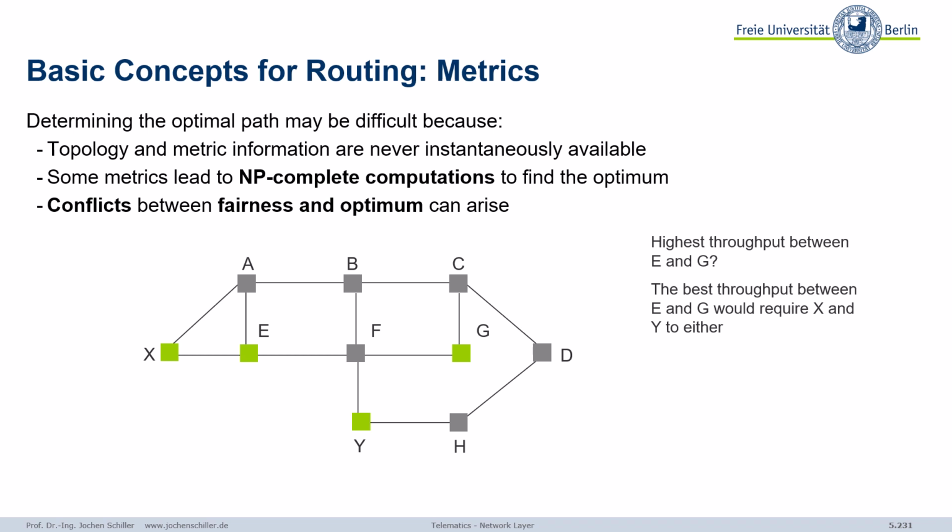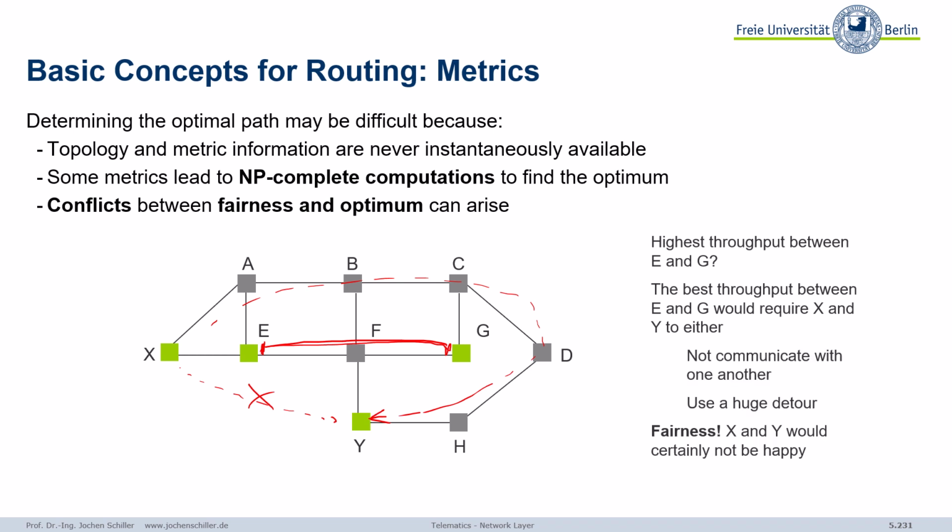So especially if we have an X and a Y and we try to optimize in terms of throughput this E to G path, then we could say, okay, no one should disturb us. Wow, there's an X that wants to talk to Y. No, we do not allow this. Is this fair? Or you say, okay, then X talking to Y, please take this detour.